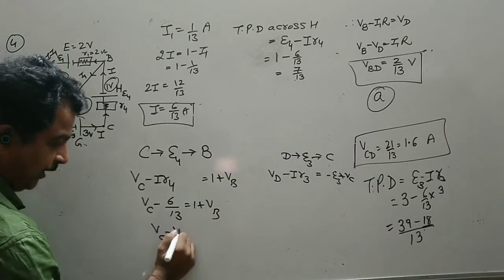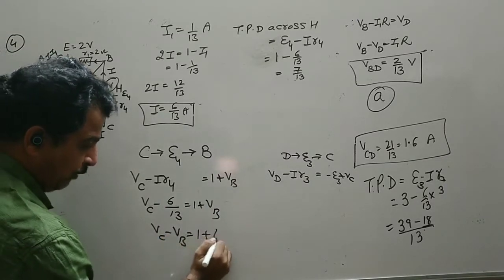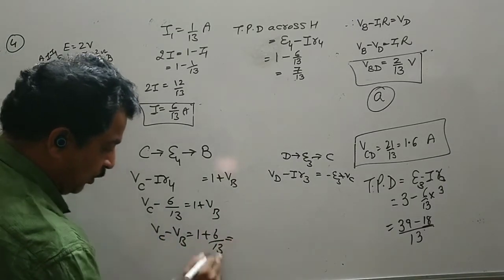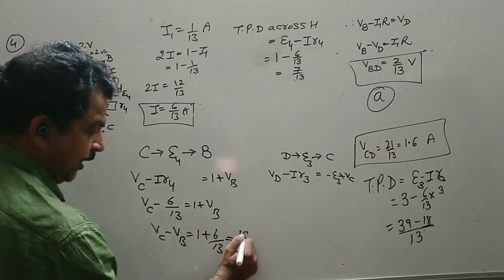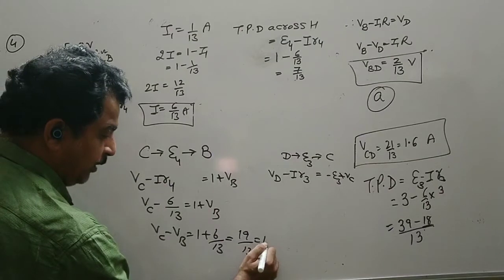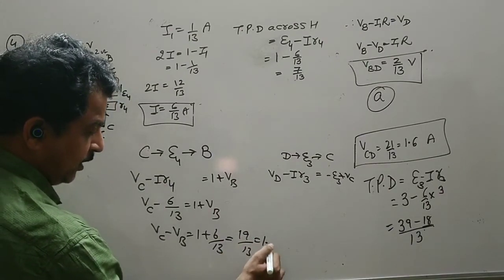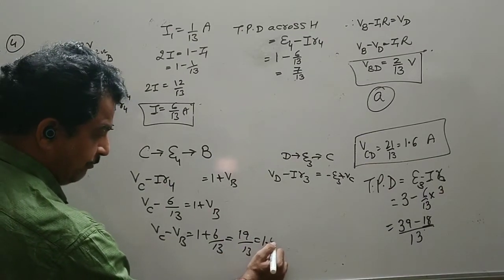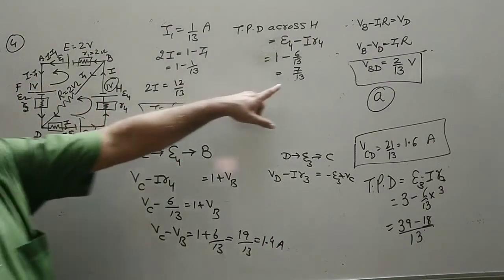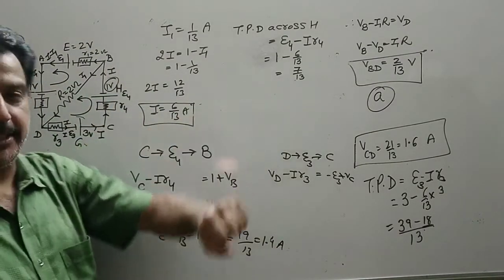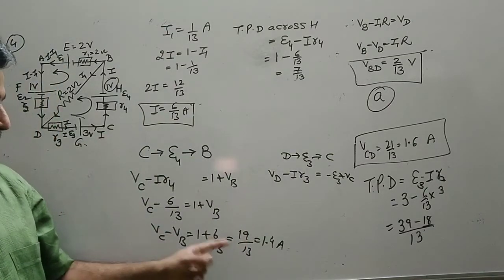So VC minus VB is equal to 1 plus 6 by 13, that is 13 plus 6, 19 by 13, that is 1.4 something.